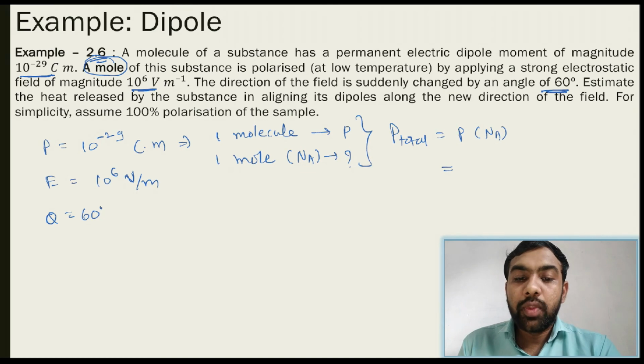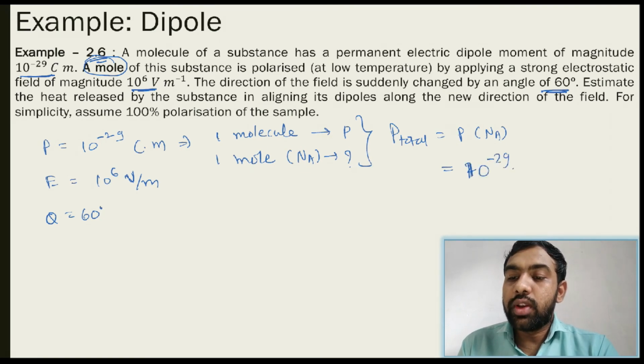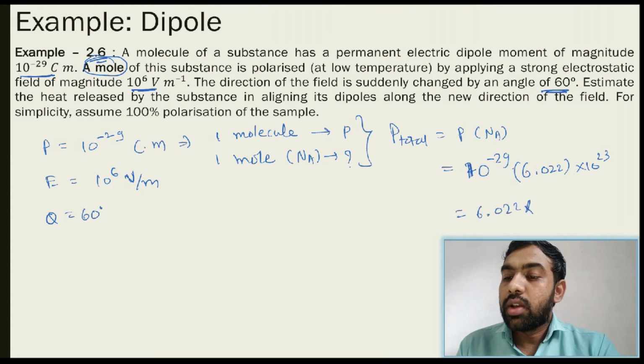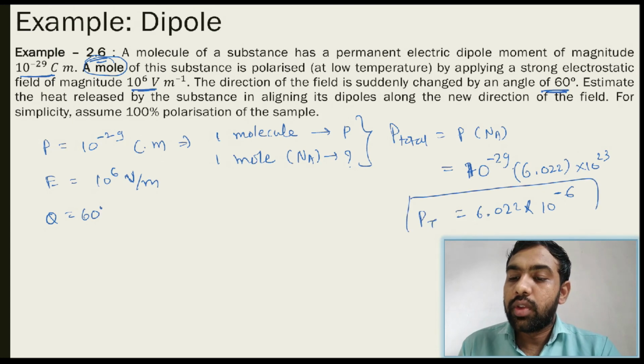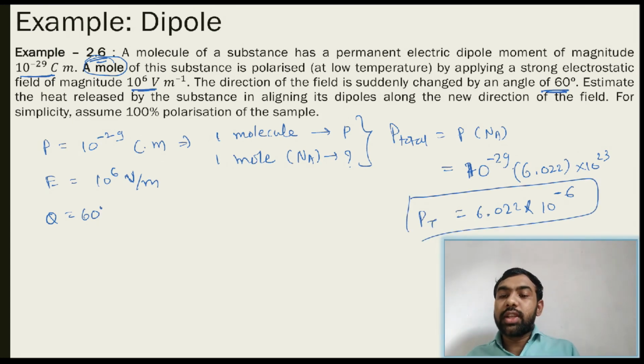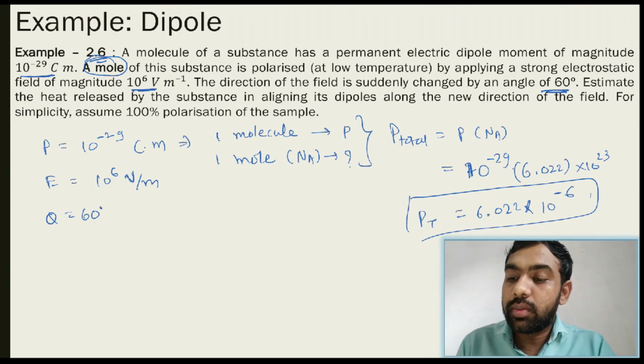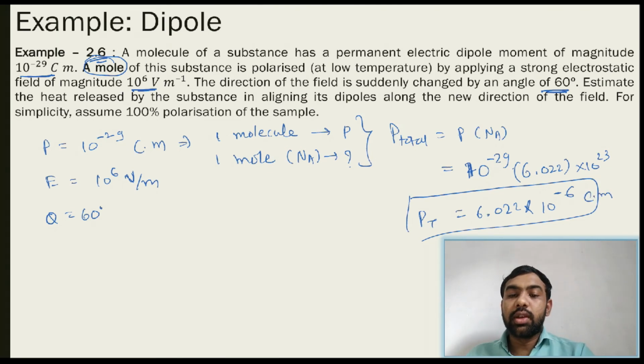P is 10 raised to minus 29, Na is 6.022 into 10 raised to 23. The answer is 6.022 into 10 raised to minus 6 coulomb into meter. This is the total dipole moment.